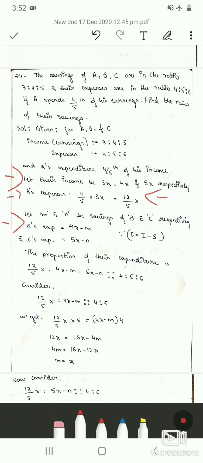Similarly, take the savings of B and C as M and N, find the expenditure of B and C, and then take the proportion of their expenditure. First solve for the proportion of A and B, and then take the proportion of A and C and simplify for M and N, like we had solved in the previous problem.